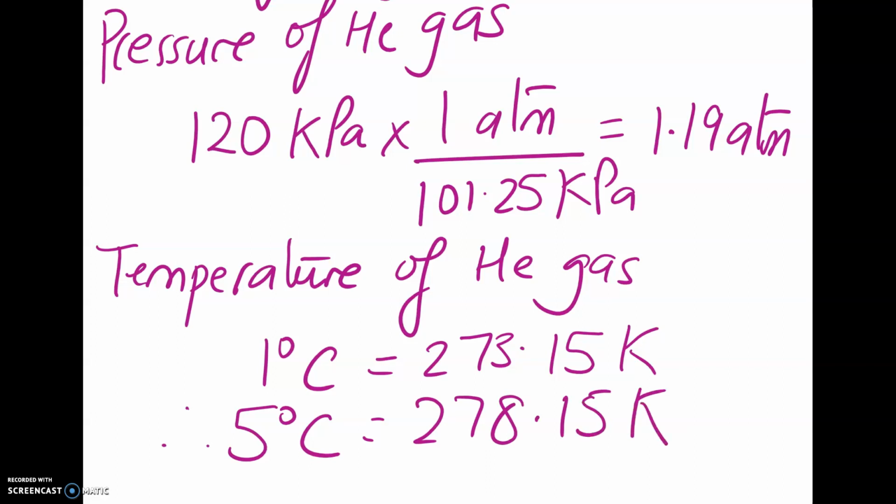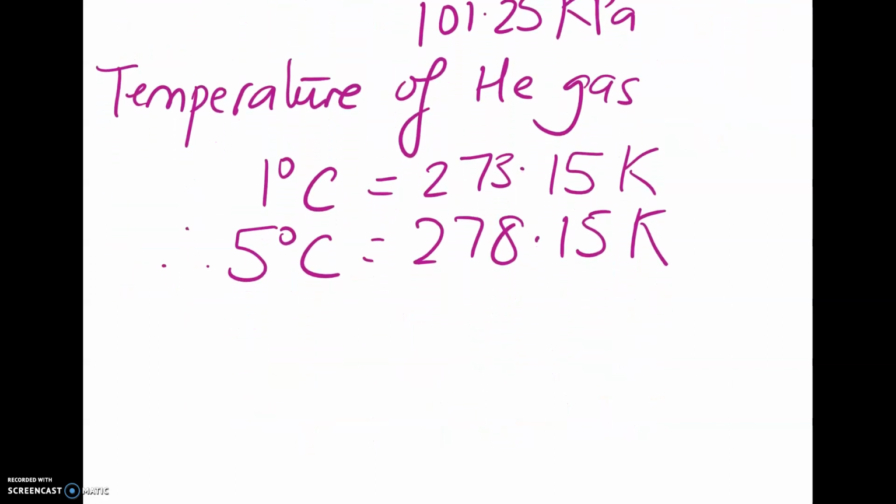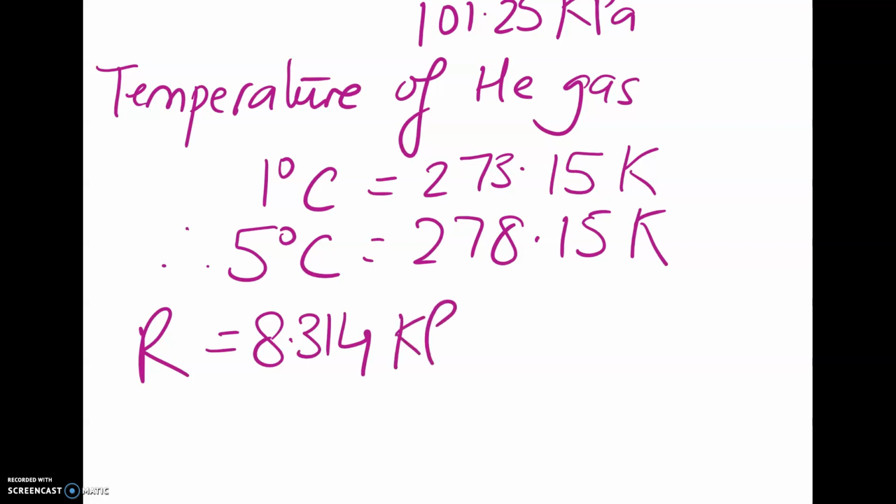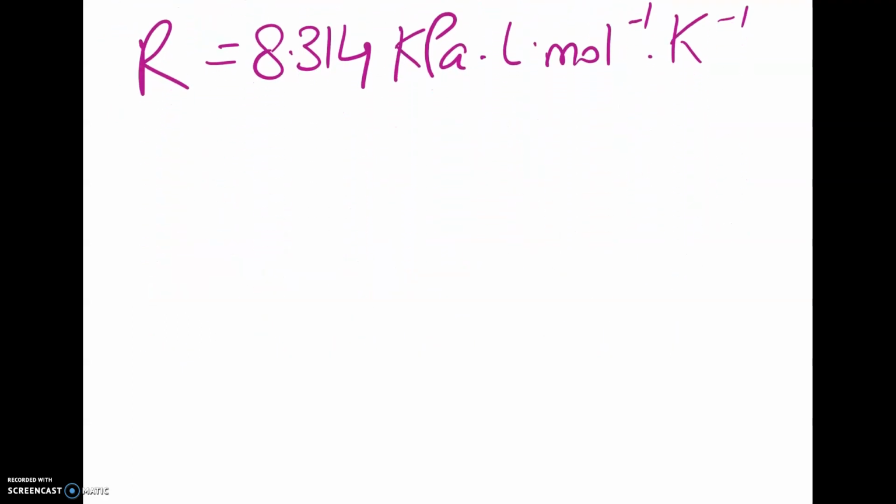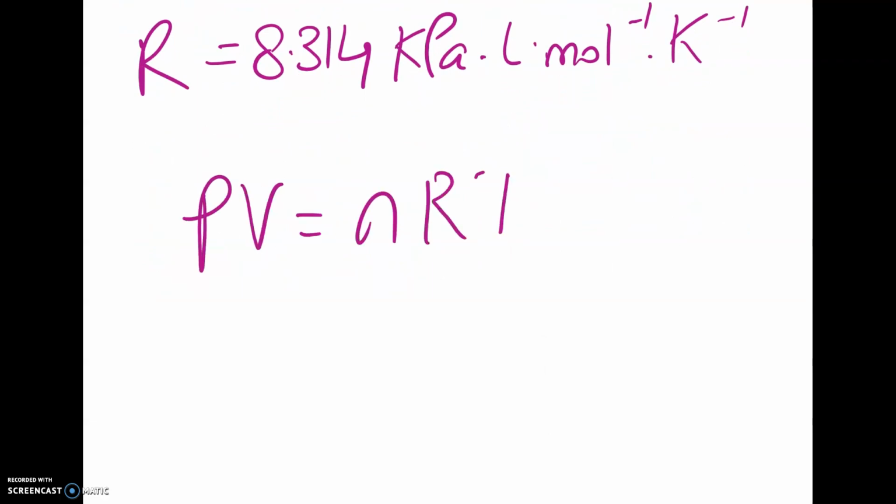So let's link all this information together. And the other thing we have been given is the R, which is a constant, which is 8.314 kilopascals per liter per mole per Kelvin.